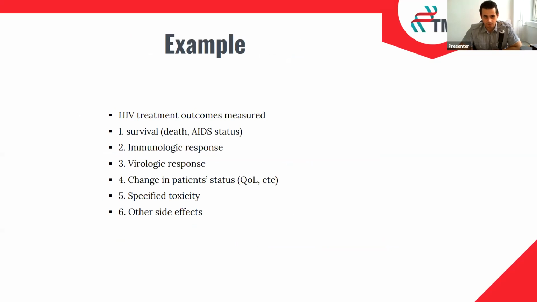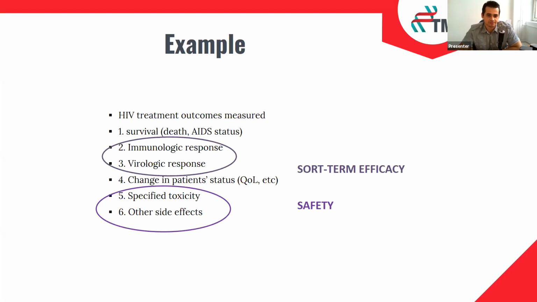For example, we have an HIV clinical question, and we are trying to assess the following outcomes, which are survival, immunological response, virologic response, change in patient status, specified toxicity, and other side effects. Now, the side effects and the toxicity refer to the safety of that newly administered drug.